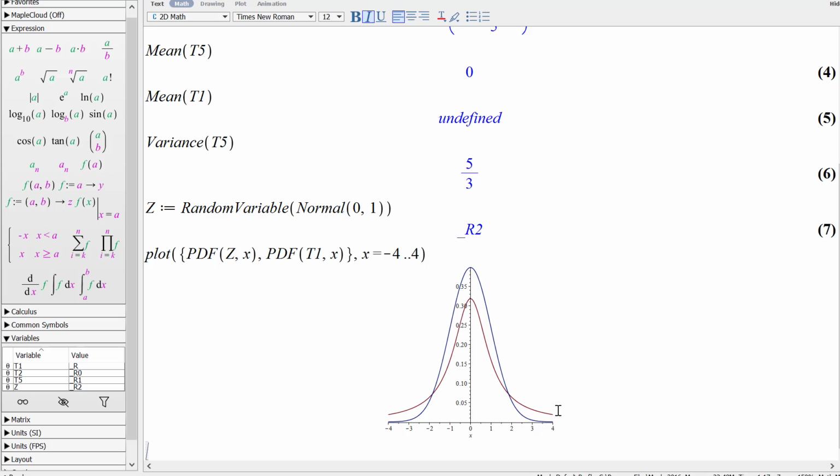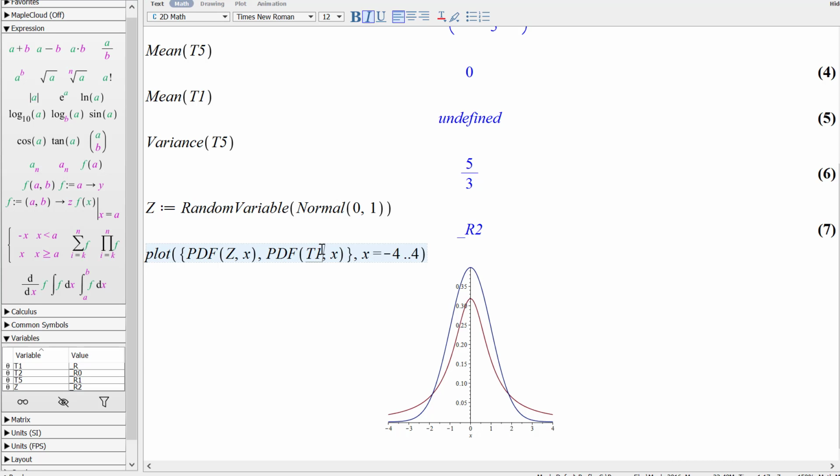So what we can see is something that's kind of important, and that is that the t-distribution has a higher variance and it has fatter tails. The tails are much thicker for the t1 compared to the standard normal.